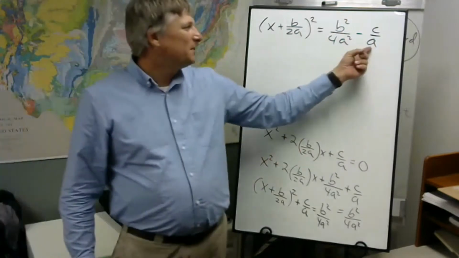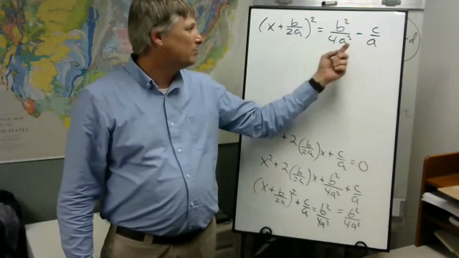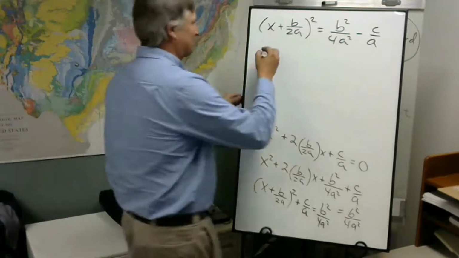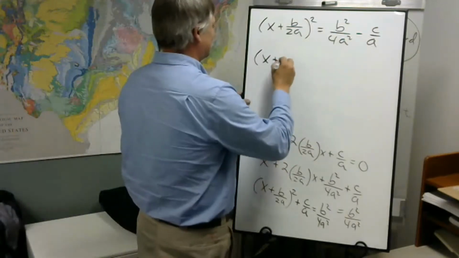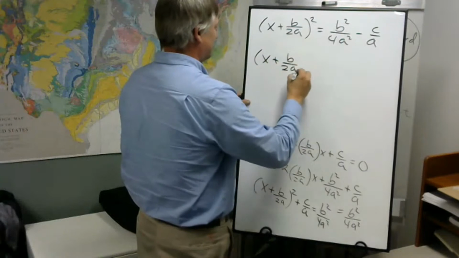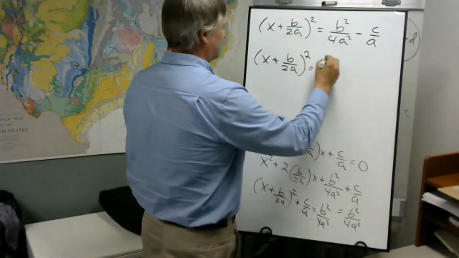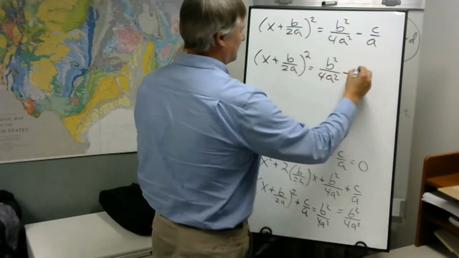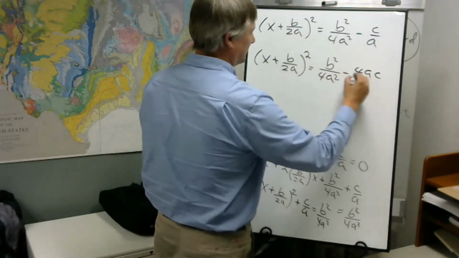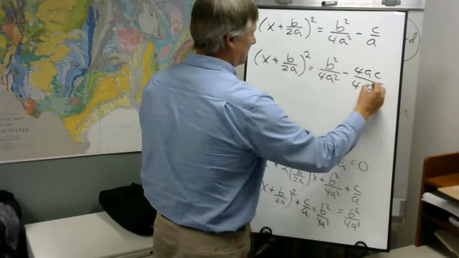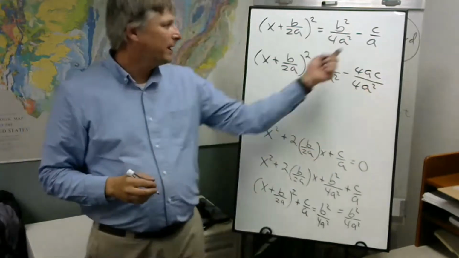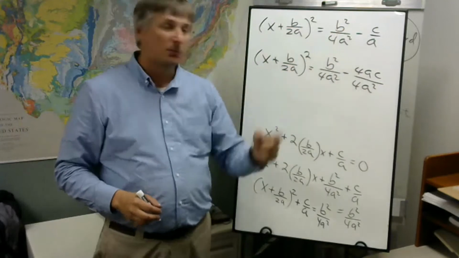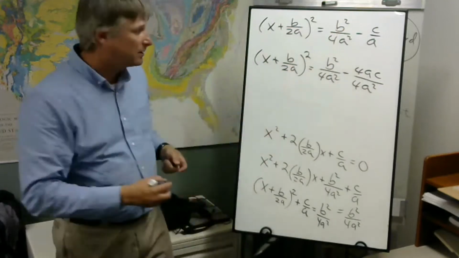And we can give this the same denominator as this by multiplying top and bottom by 4a. And that's what we get. 4a times a is 4a squared. 4a times c is 4ac. Now we can combine.